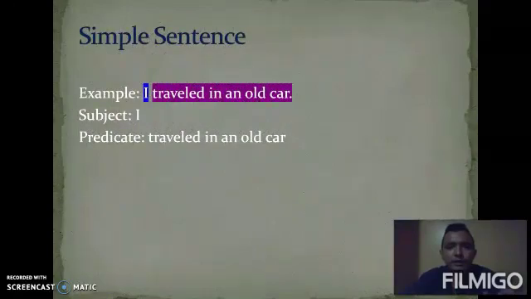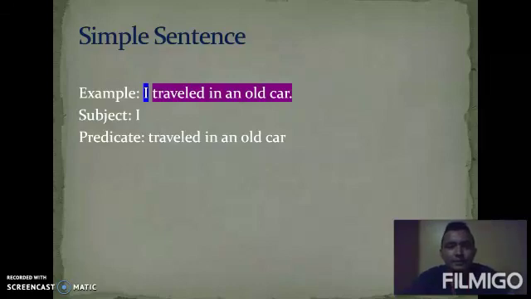Now that we have an idea about a sentence, we can continue with the first type of sentence, the simple sentence. As its name says, simple is the easiest type of sentence structure in English.